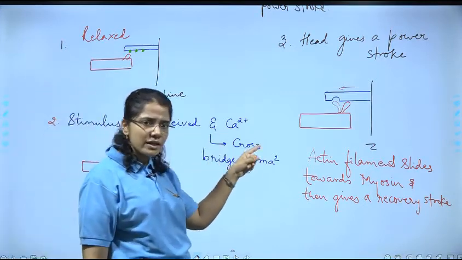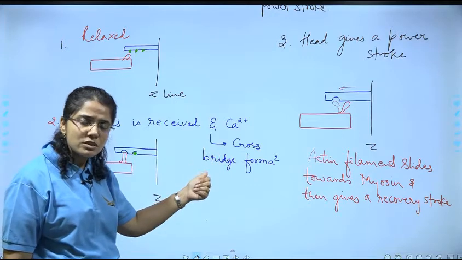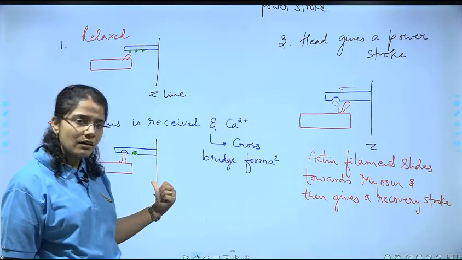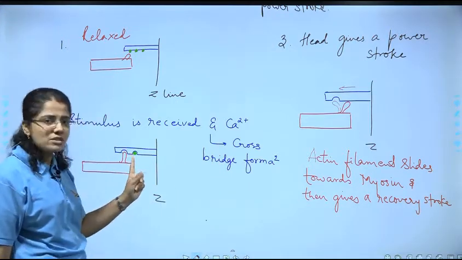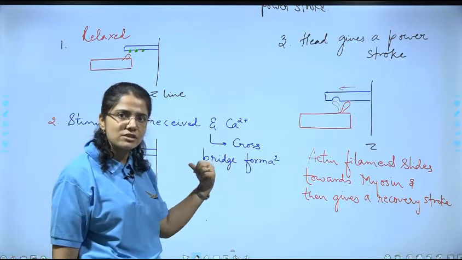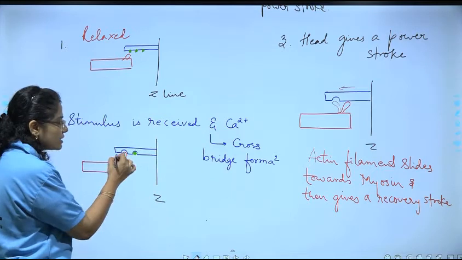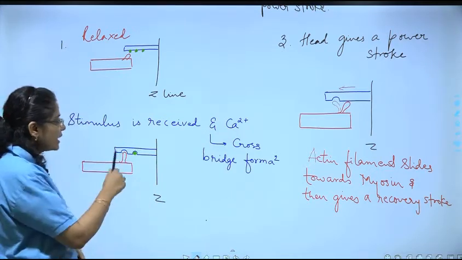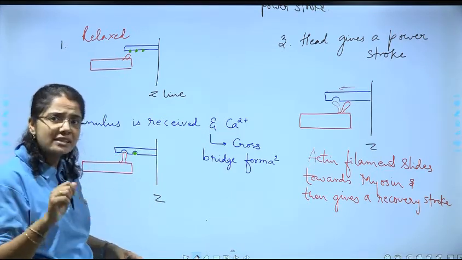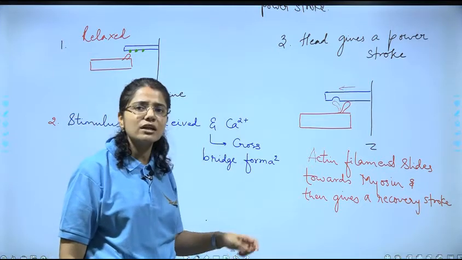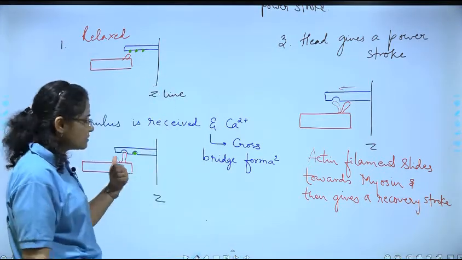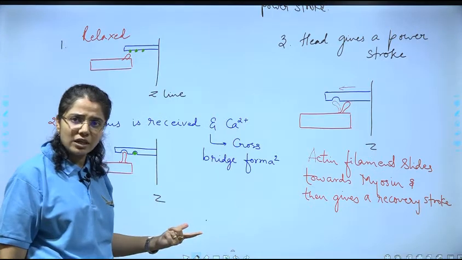As soon as calcium ions are released from the T tubules, they go and bind with the troponin. Calcium ions जो है वो उसके साथ bind होते हैं ताकि यहाँ पे अब उसका active site जो है free हो जाता है, and the myosin head which acts as ATPase hydrolyzes ATP.